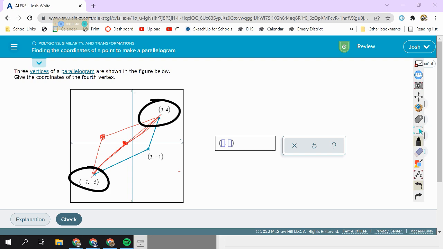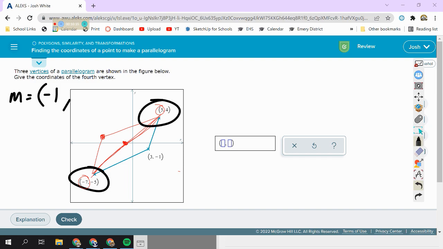So let's look at the x's. -7 and +5. If I add -7 and +5 together, what do I get? -2. And then to take the average, I divide by 2. And so the midpoint is going to be -1 for the x's. So -1 is halfway in between the leftmost point and the rightmost point.